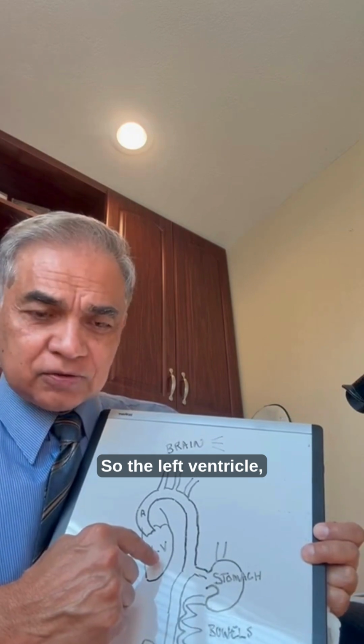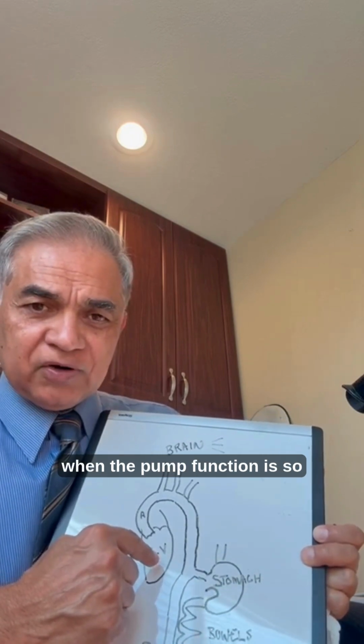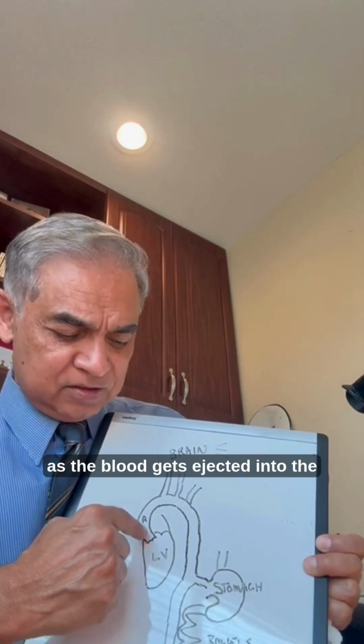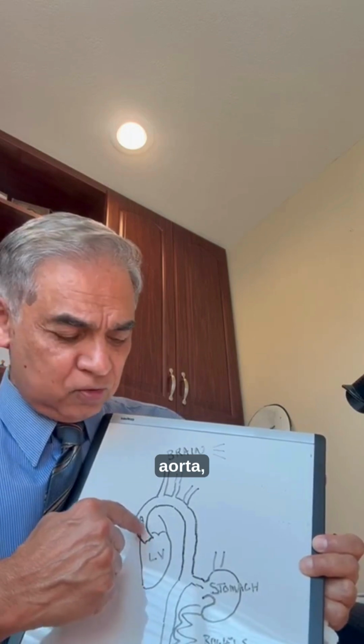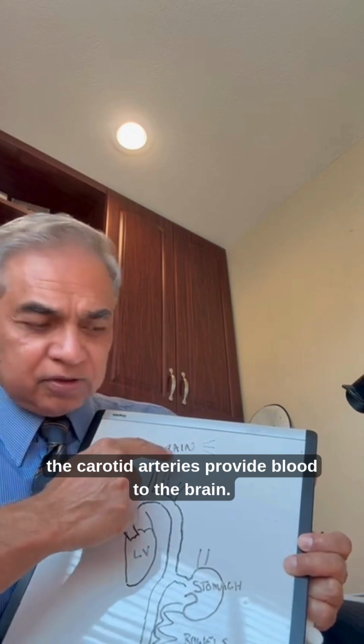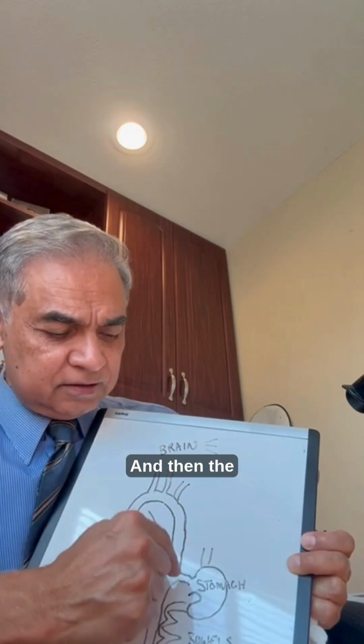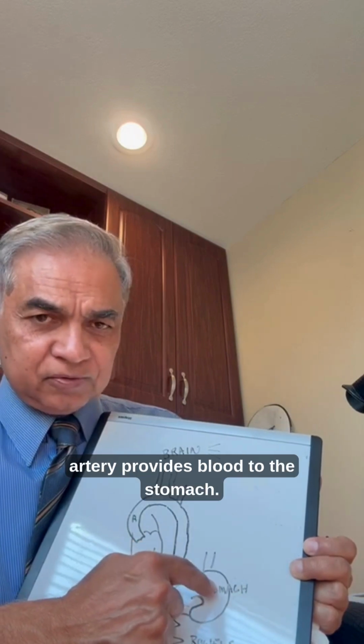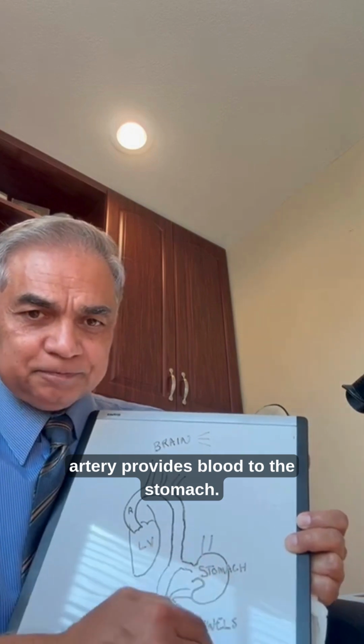So when the pump function of the left ventricle is so compromised, the blood gets ejected into the aorta. The carotid arteries provide blood to the brain, and the gastroepiploic artery provides blood to the stomach.